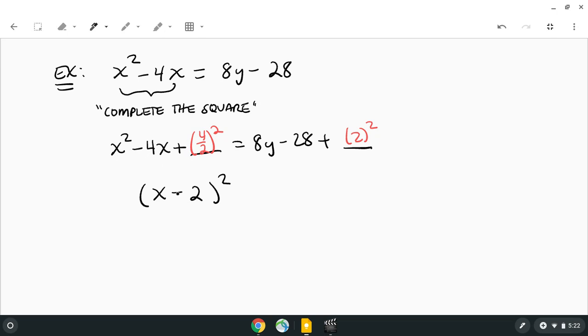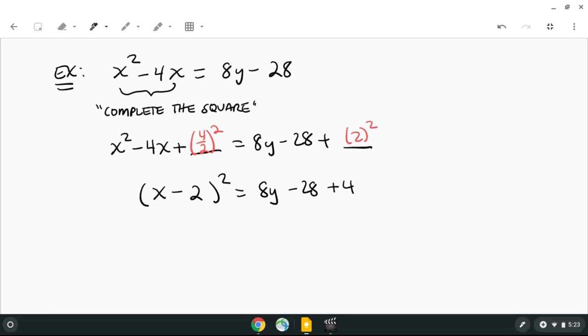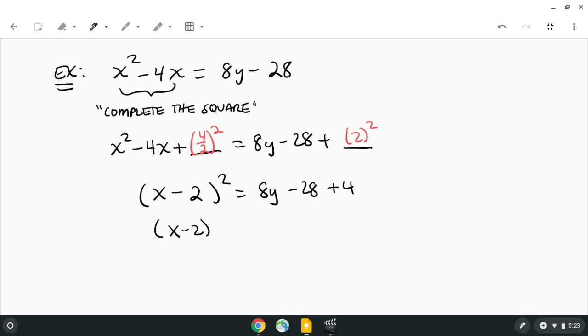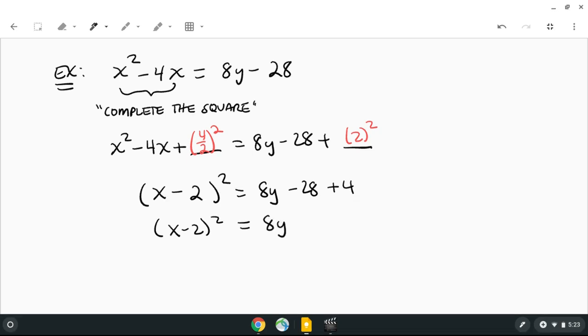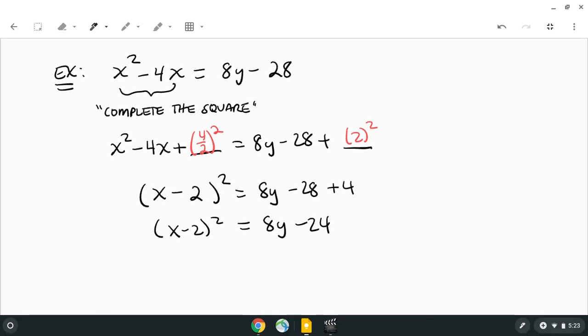So minus this number inside, or just half of this, 2. Okay, 8y minus 28 plus 4. Okay, so I have this side is done. This one, let's clean this one up. 8y minus 24. And remember, our standard form looks like this.